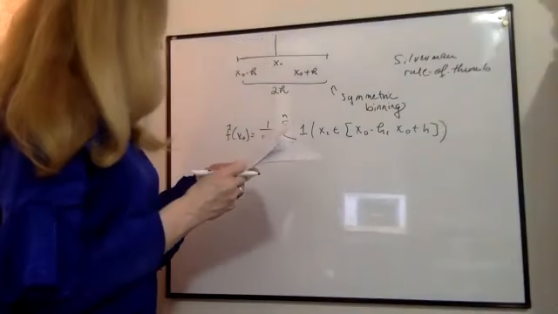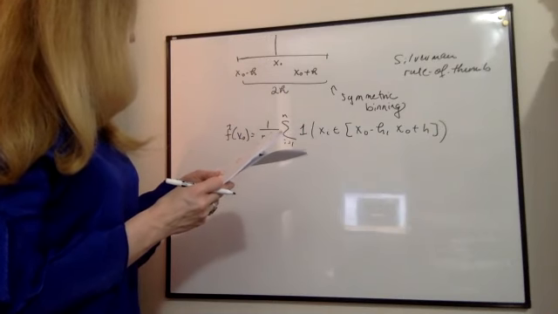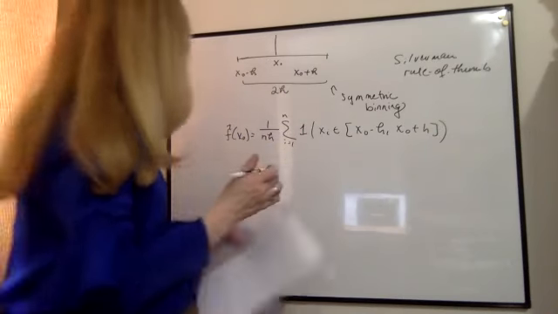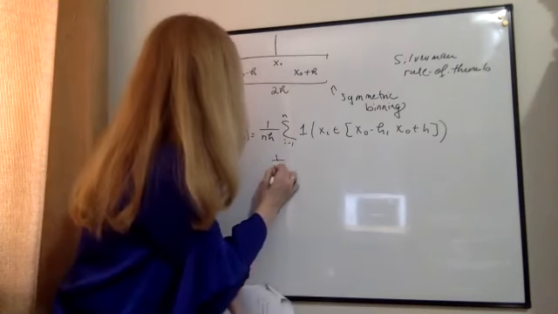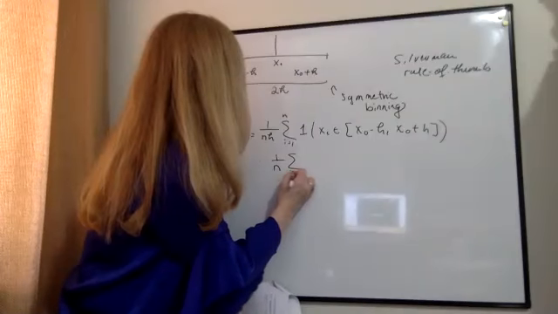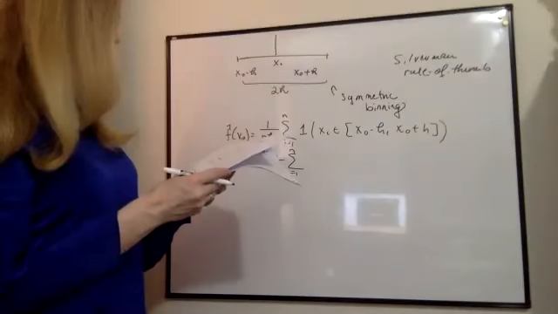Okay, and then we can write this as 1 over n.